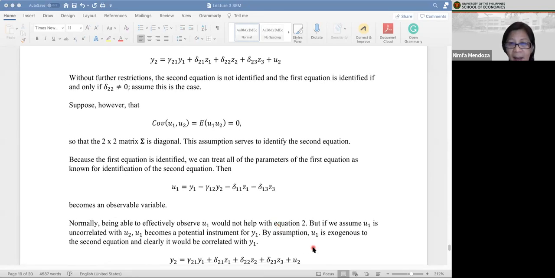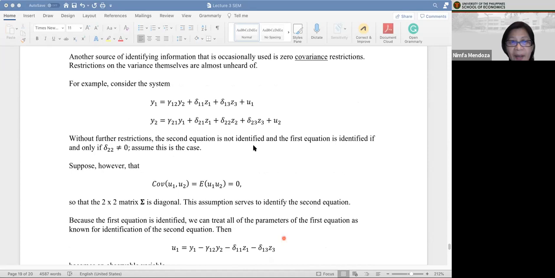But u sub 1 must not be correlated with u sub 2. Do you get it?